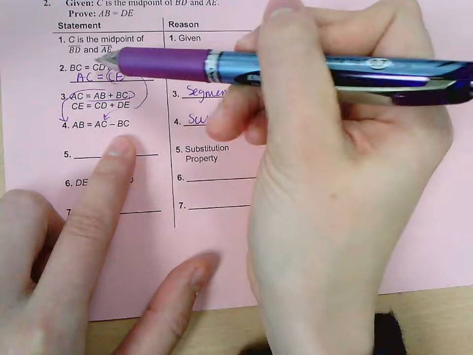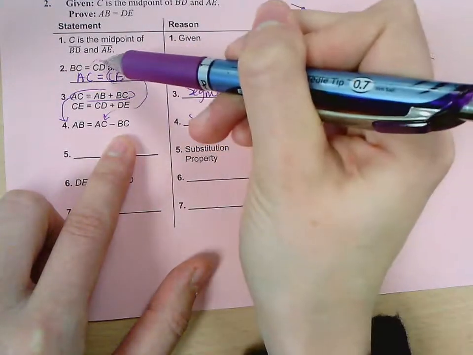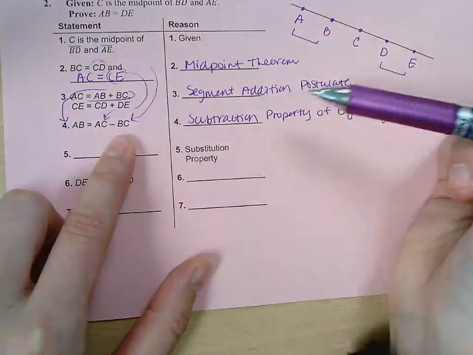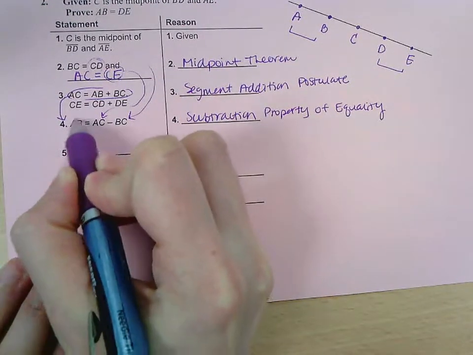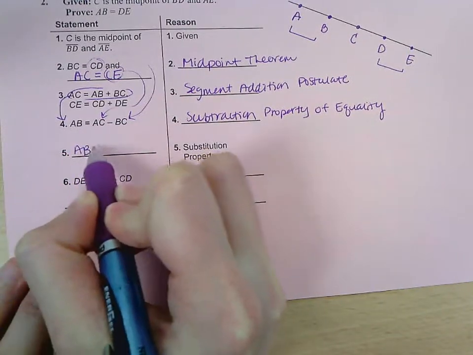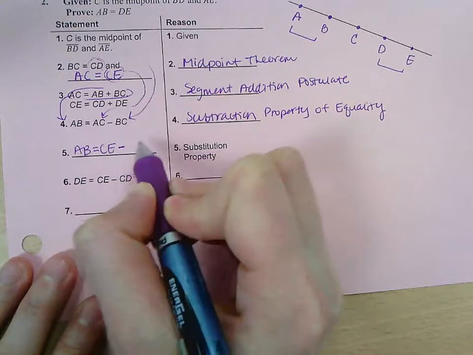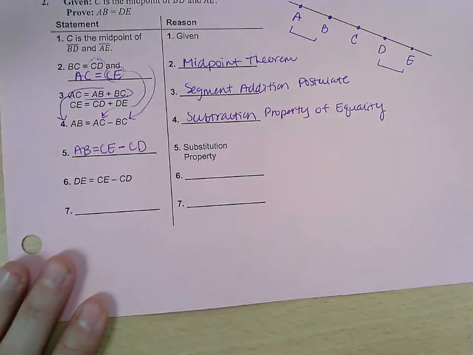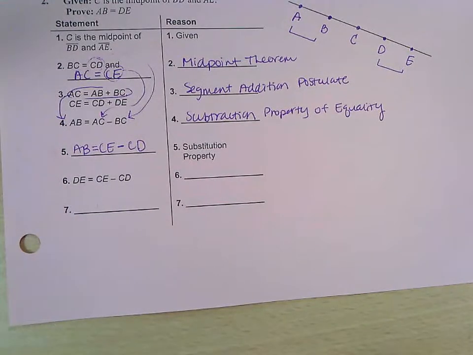I also know that BC is equal to CD, so I can substitute that in. So therefore, I'm going to keep AB there, but I can say AB is equal to CE minus CD by using substitution. And now I've used line 2.